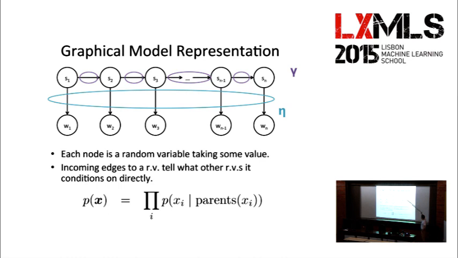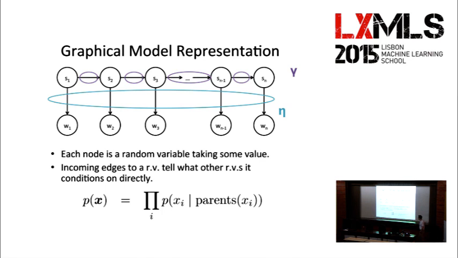Any random variable's incoming edges tell what other random variables it directly depends on in the generative model. So we call those its parents. A word like word 3 depends directly, through the probability tables, on its state. The state 3 depends directly, through its conditional probability tables, on the state that precedes it.